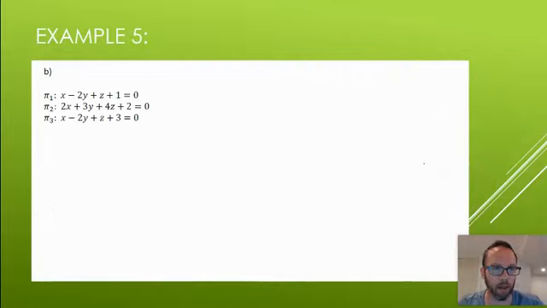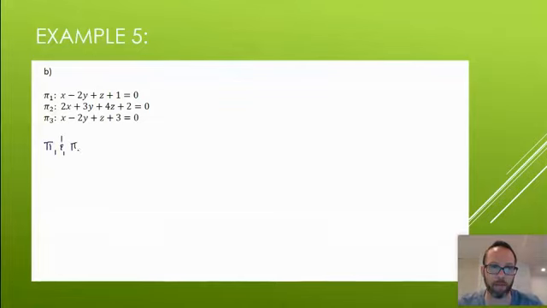In this one, I'm going to have you guys just maybe pause the video and think for yourself which case this one is, and then unpause when you're ready. But I'm going to go along. So hopefully, before reaching for the triple scalar product tool, you would have recognized that pi 1 and pi 3 are parallel and distinct.